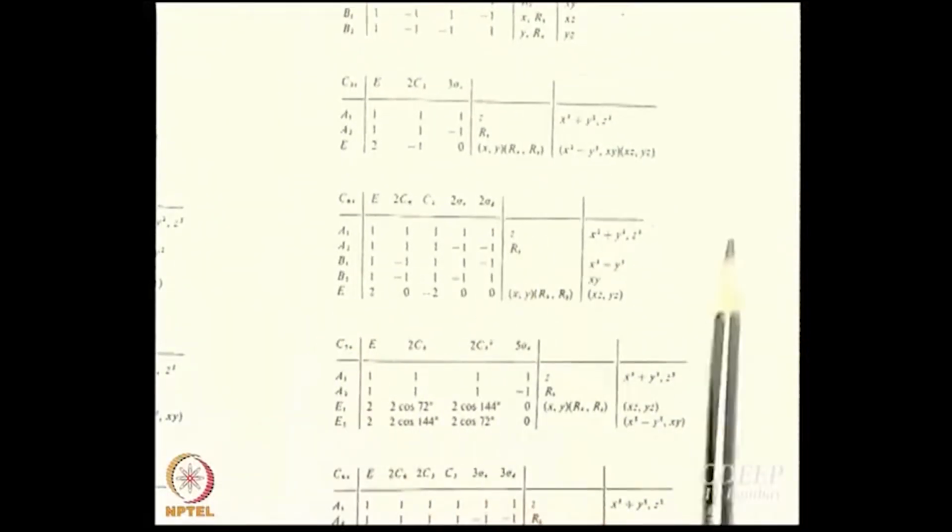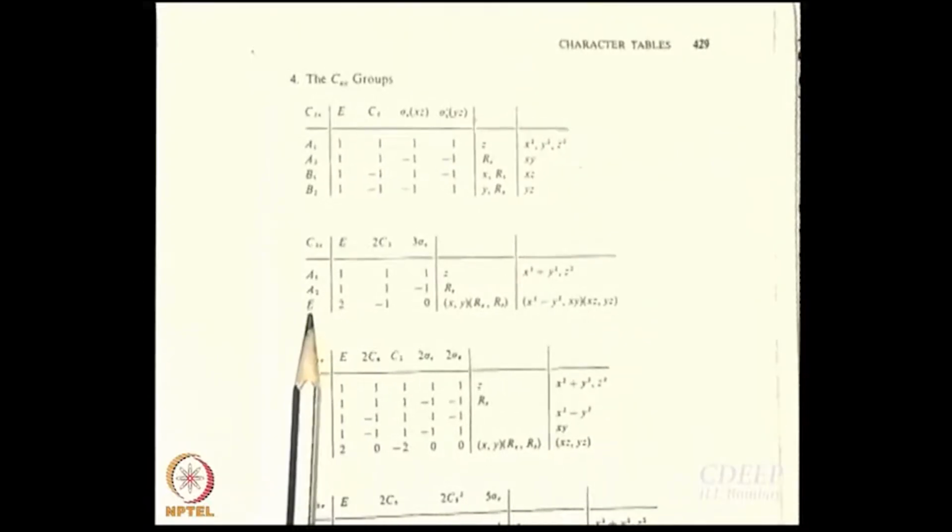Let us quickly look at the character table and see where they belong. Where does xz belong? Xz and yz belong to E. Can you see or not? C3V? Xz and yz jointly form the basis for E, right?